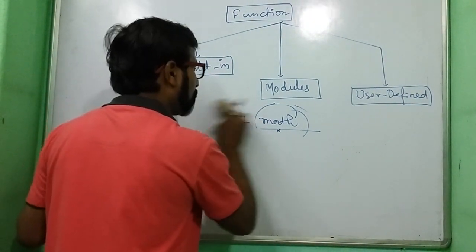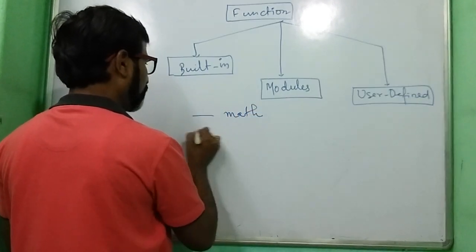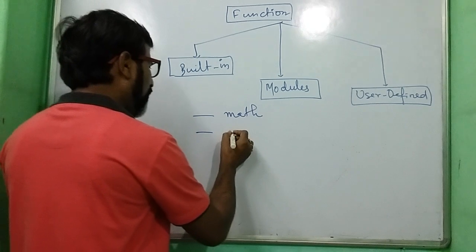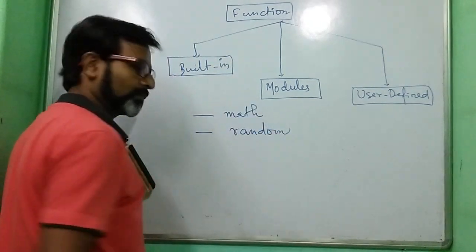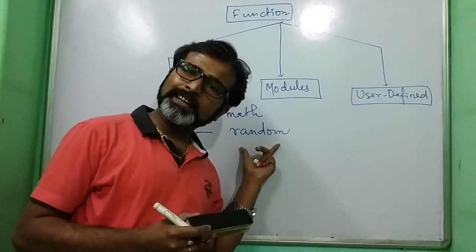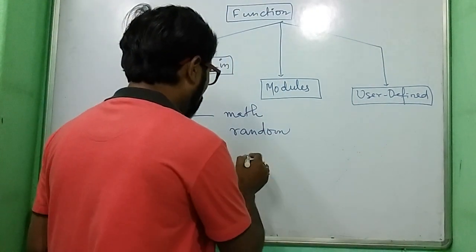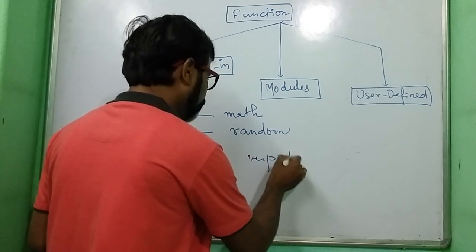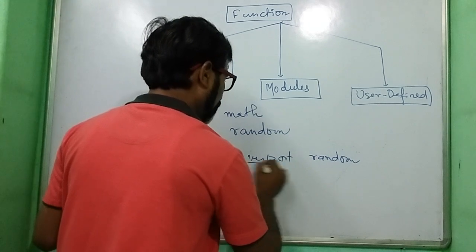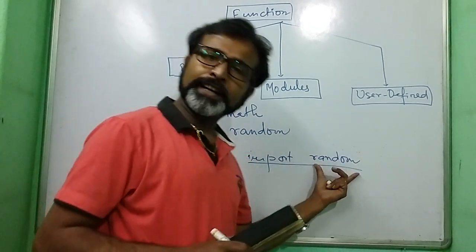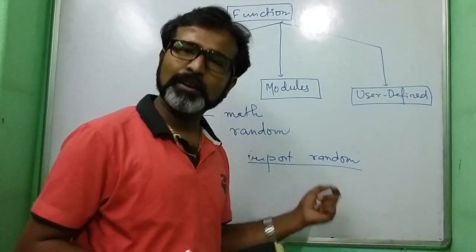So apart from math module, one module we have done, that is math module. We have done also random module, if you remember. To use random also, we were supposed to write import random. If you do not write this, then the functions which are there under the random module you cannot use.